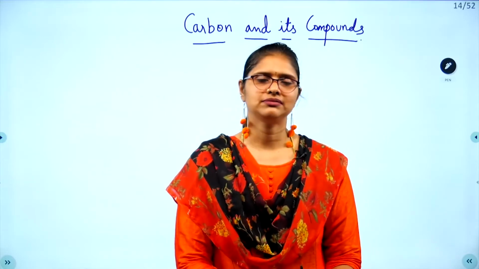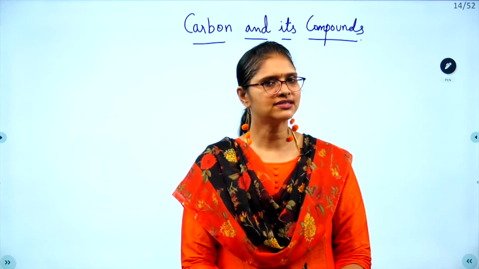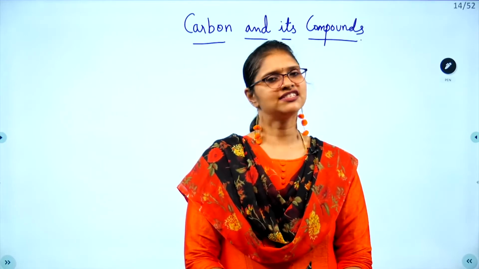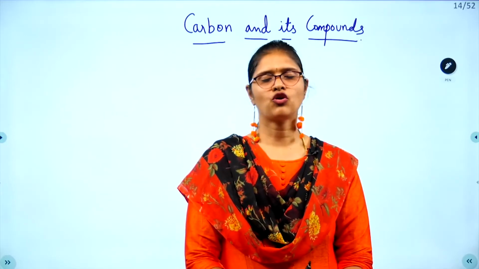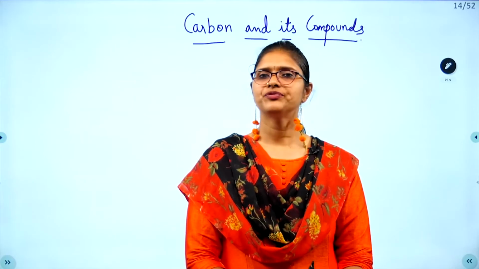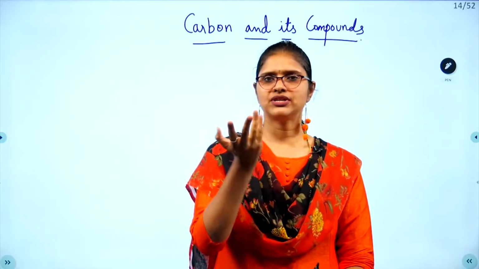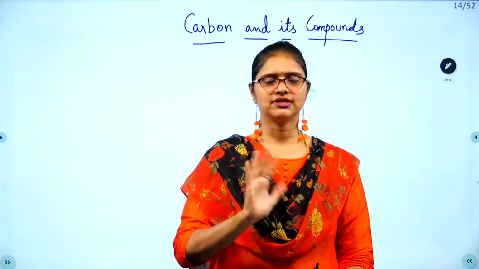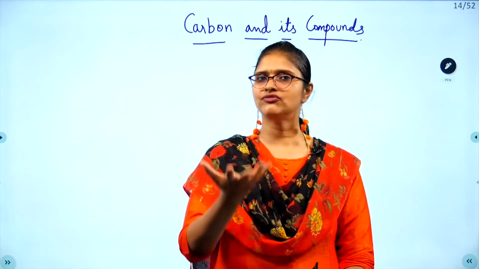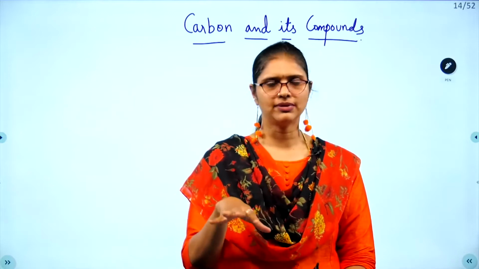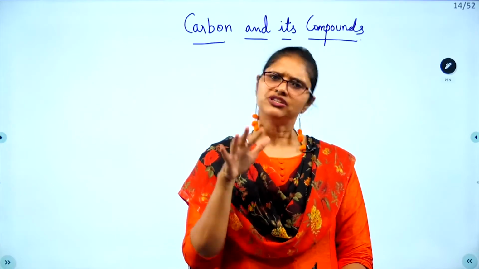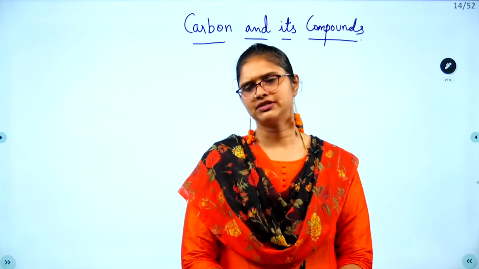So the configuration will be 2, 4, and the outermost shell has 4 electrons. So it can share electrons, that's all. It cannot give all the 4 or accept all the 4, not possible. It can only share electrons.